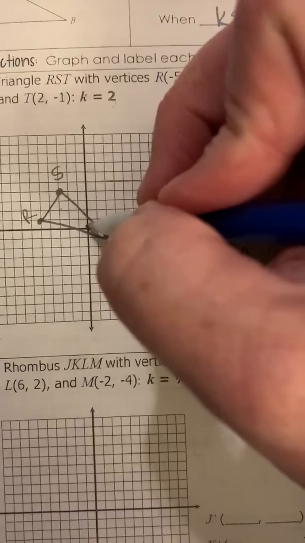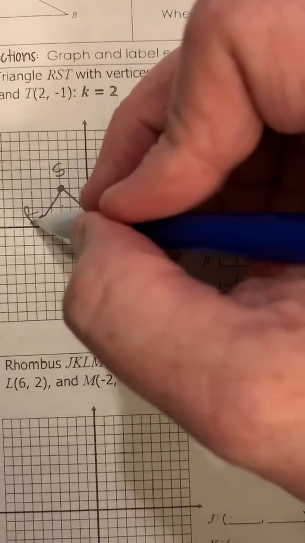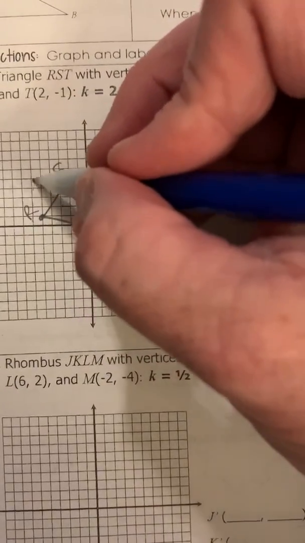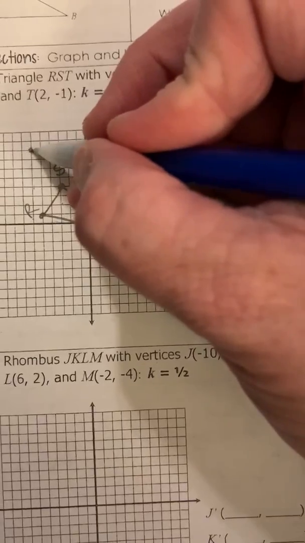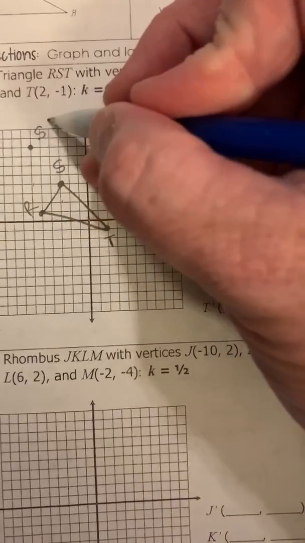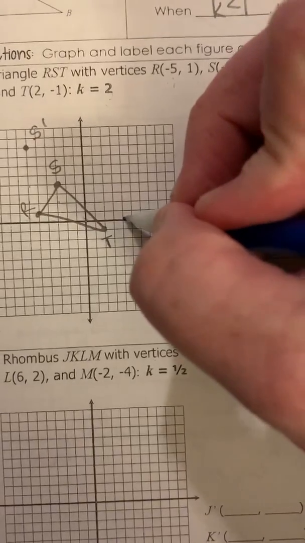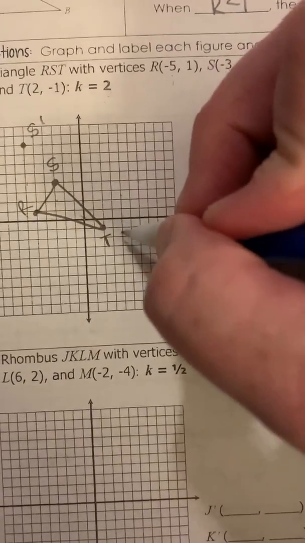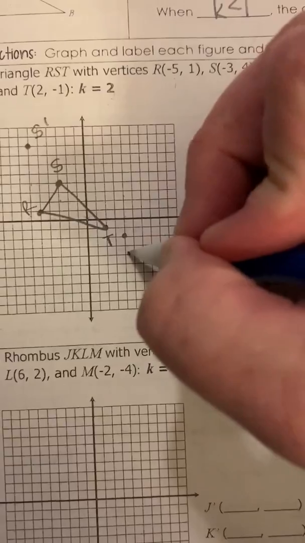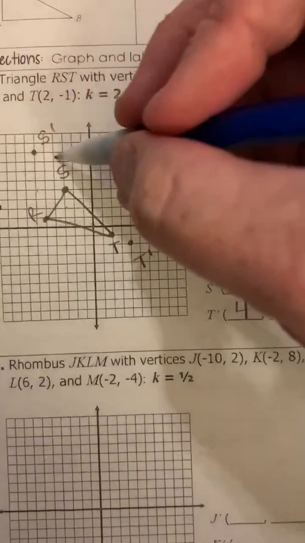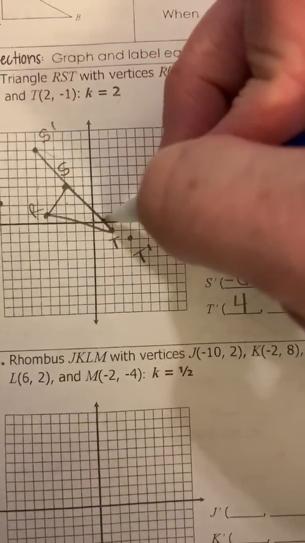Negative 6, 8. So 2, 4, 6. And then 4, 2. So I'm going to go this way. I'm sorry, 4, negative 2. And then here. And now I'm going to draw my new figure in.